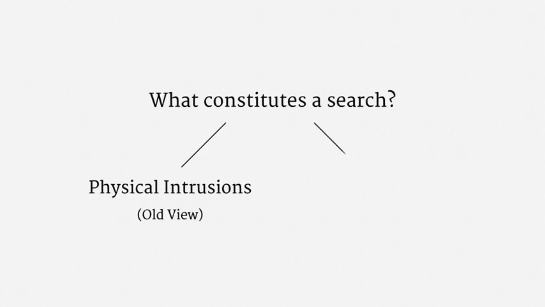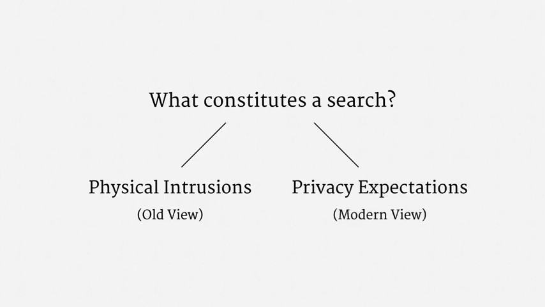The modern view is that the Fourth Amendment protects privacy expectations. Those expectations can cover physical objects, but they also can cover intangibles. And in the seminal 1967 case of Katz against United States, the Supreme Court held that a telephone wiretap can be a search.